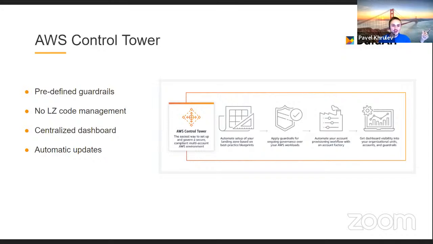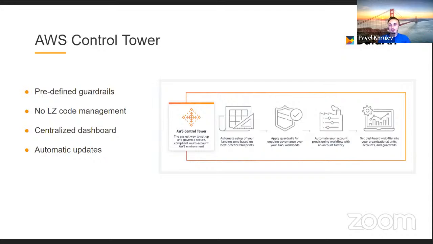You have to deploy it. And in Control Tower, you have some guardrails implemented. You can just click a button to enable a guardrail. For example, I don't want to have security groups that allow connecting by SSH from outside, from the internet. And there is a guardrail for that.